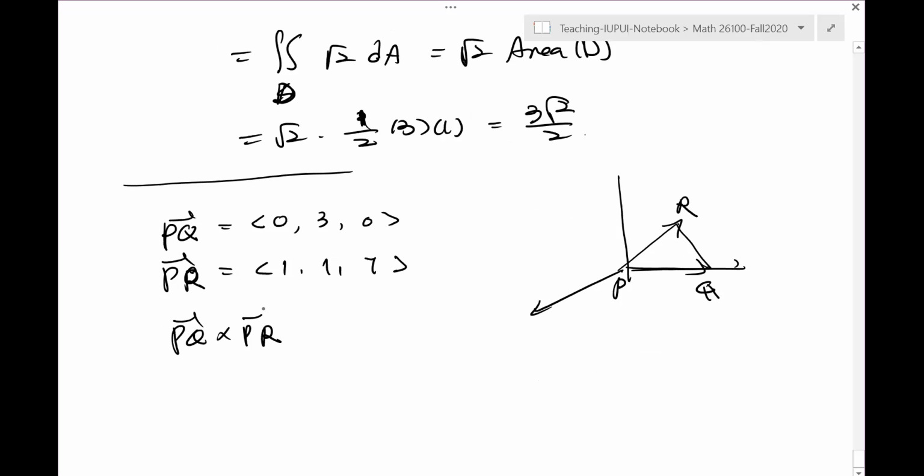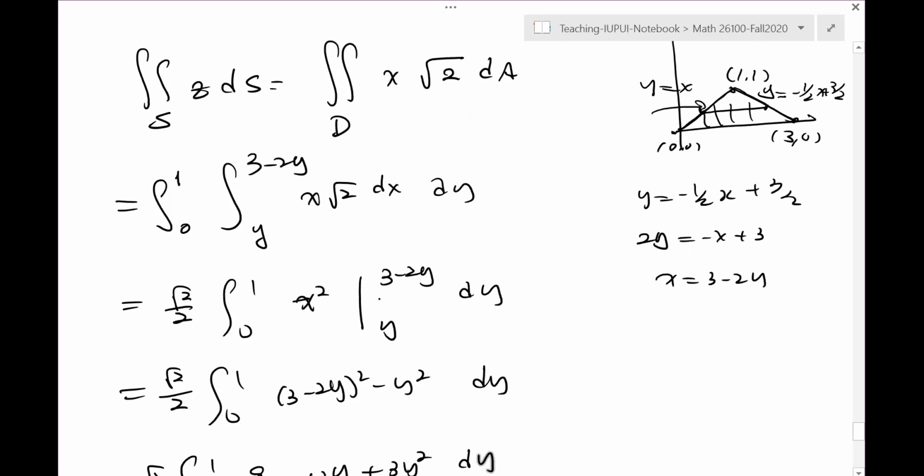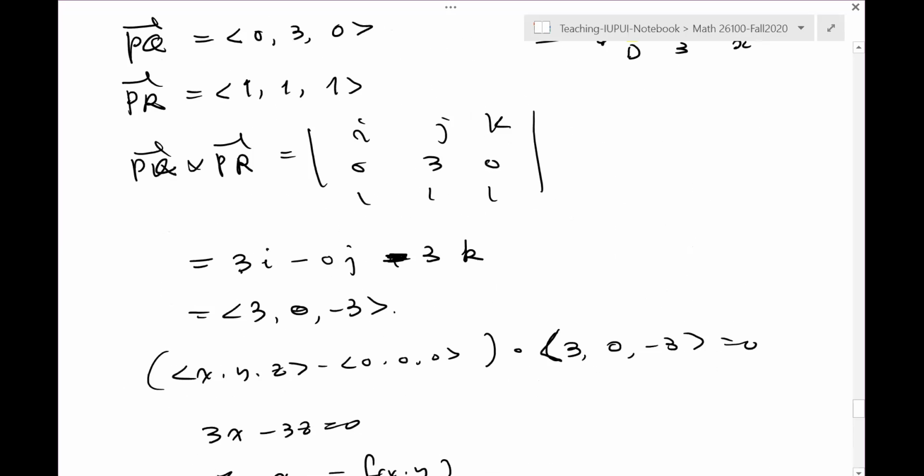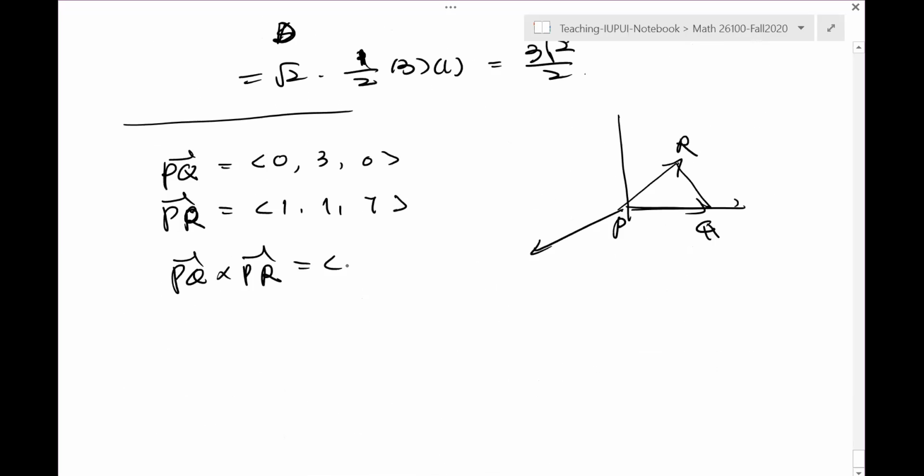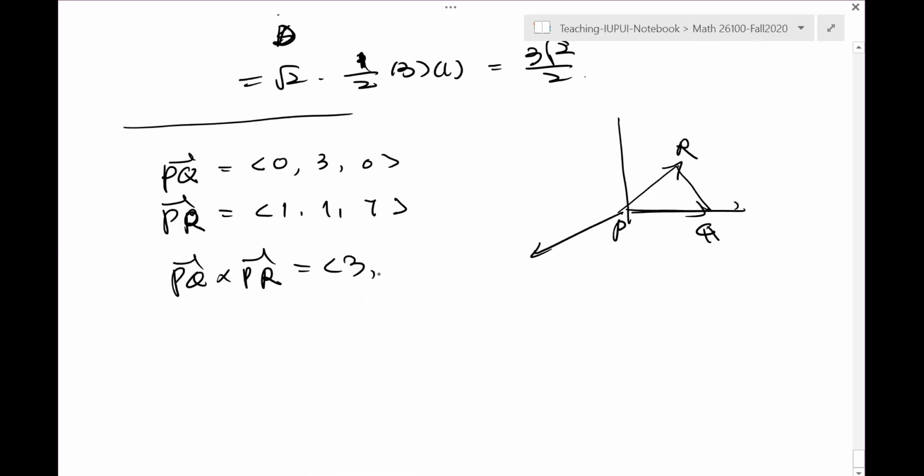I think it's going to be 3, I forgot the sign, 3 and negative 3, I guess. So according to linear algebra, the area of the triangle, the surface, is going to be half of the length of this cross product.